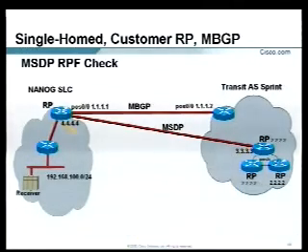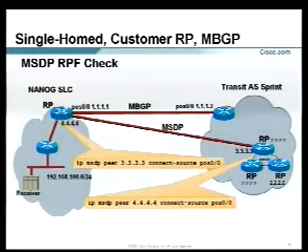And the MSDP RPF check is done just as we've discussed. The NANOG router would have multiple MSDP peerings because it has other providers out there. So we'll just use whatever the MBGP route would take it to get there.